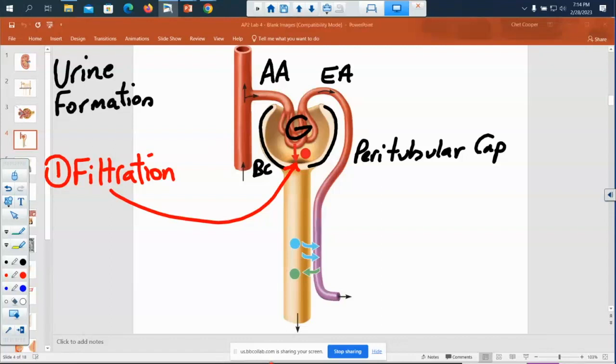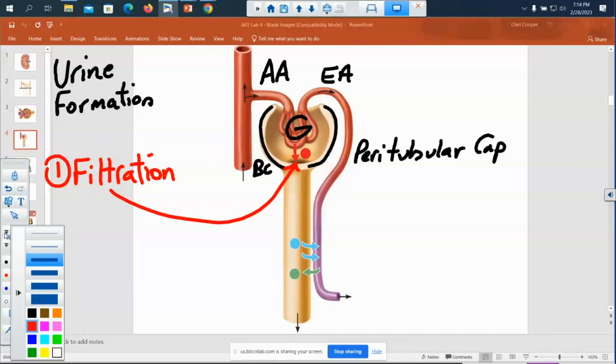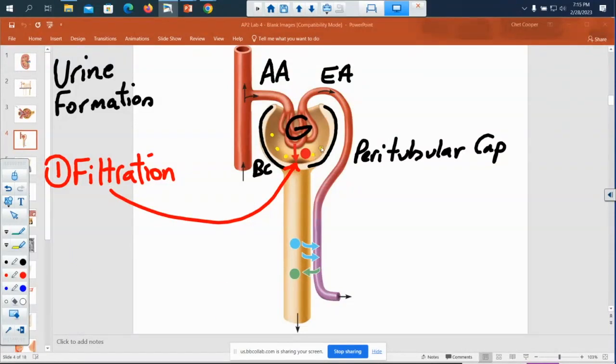It is where the fluid seeps out of the capillaries. As it comes out, it's getting trapped by Bowman's capsule, and then it gets pushed here. So at the glomerulus, we filter, so they call it glomerular filtrate.